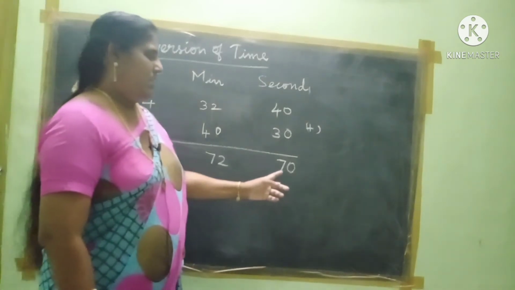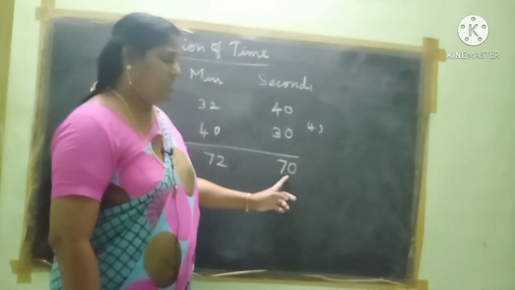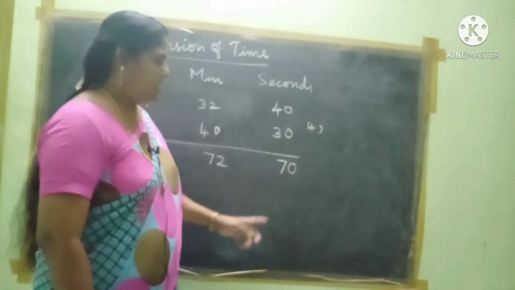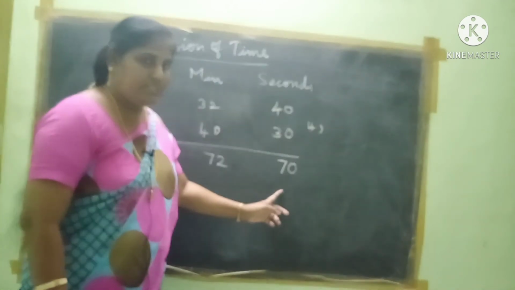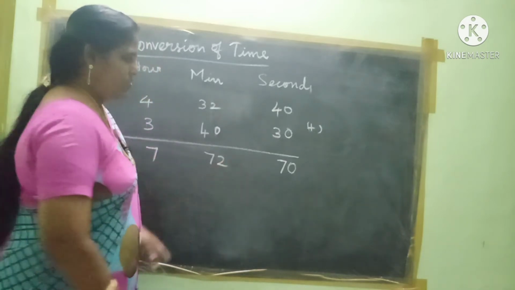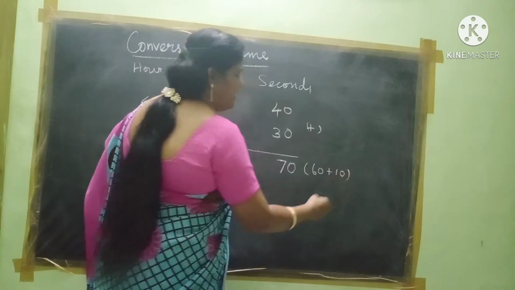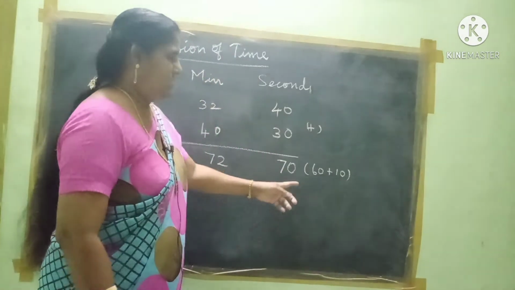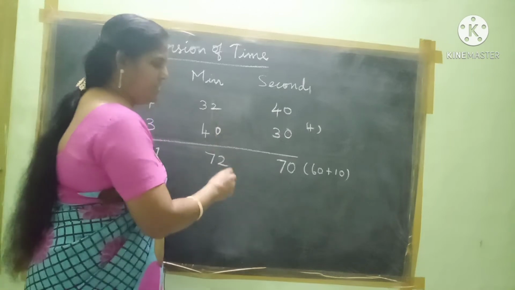Okay children, how many seconds are there totally? 70 seconds. So we already know that 60 seconds make 1 minute, so 60 plus 10. When this 60 goes to this side, it makes 1 minute.